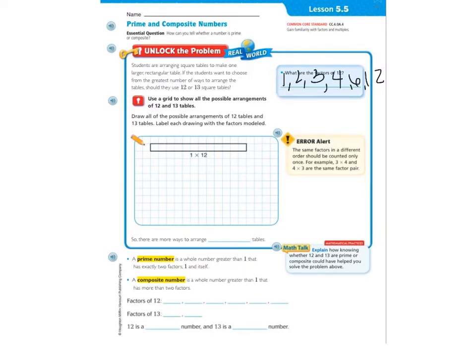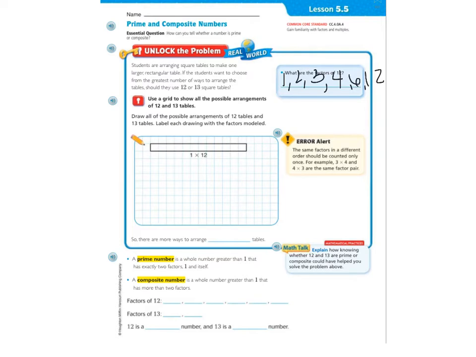Okay. It says use a grid to show all the possible arrangements of 12 and 13 tables. So it says draw the possible arrangements of 12 tables and 13 tables. Label each drawing with the factors modeled. So they started us off with 1 times 12. So let's draw 2 times 6.